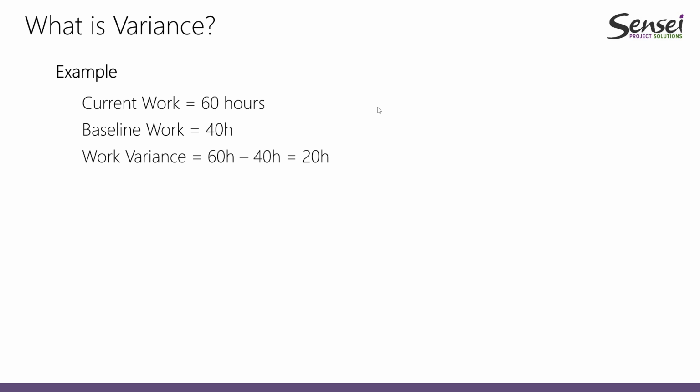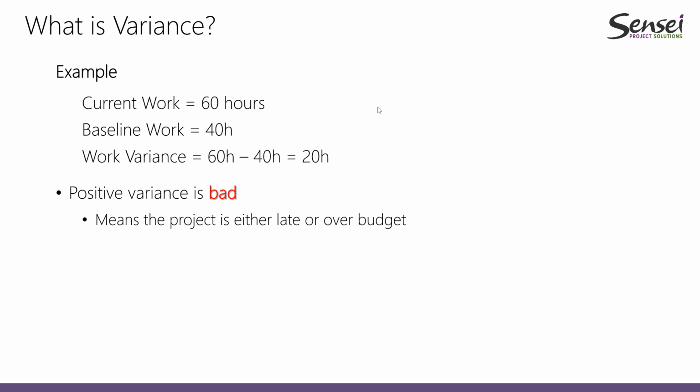So when I do the current work, which is 60, minus what I planned in the baseline, which is 40, I have 20 hours of variance, which means that it's bad, because when I have a positive variance, the meaning for that is that the project is either late in terms of schedule, for example, or over budget.